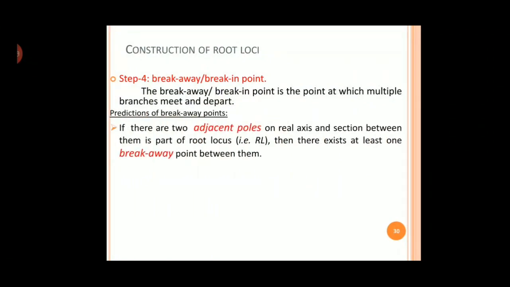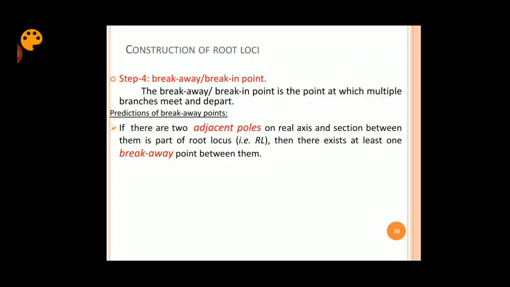We need to first predict where the breakaway point can be in the S-plane. Read this carefully: if there are 2 adjacent poles on the real axis and the section between them is RL, then there exists at least one breakaway point between them.